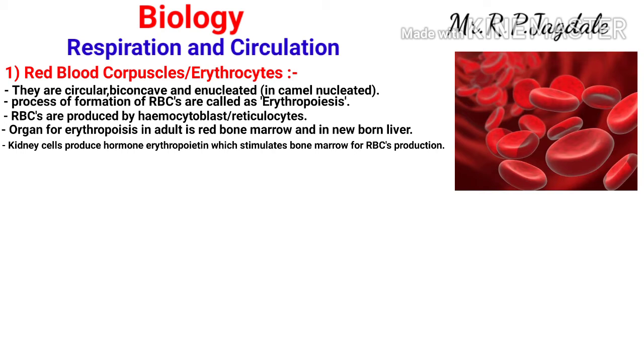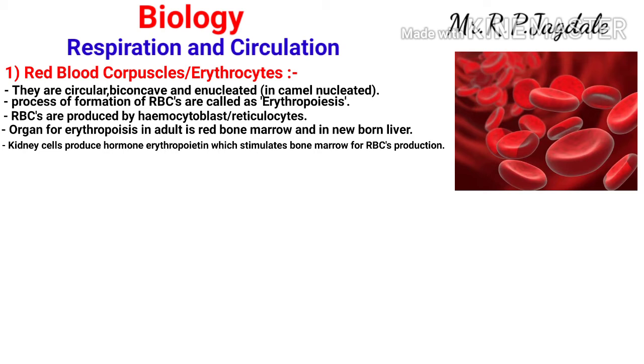Now it is very simple: the kidney cells produce a hormone called erythropoietin, and the hormone erythropoietin stimulates the bone marrow, and after the stimulation, RBCs are produced from the bone marrow. This is the formation of RBCs.